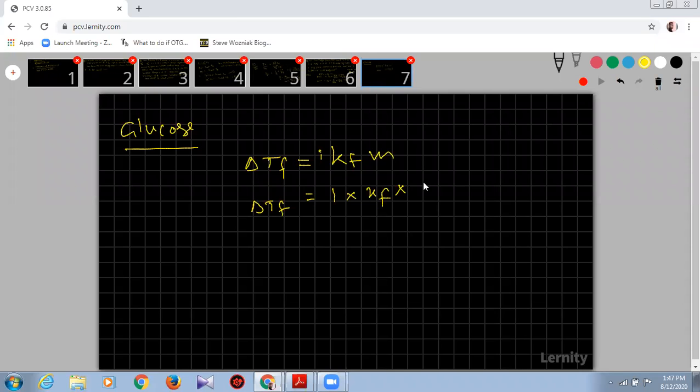Here also 5%, so 5 by the gram molecular weight of glucose, 180, into 1000 by 95. So this is the second equation.